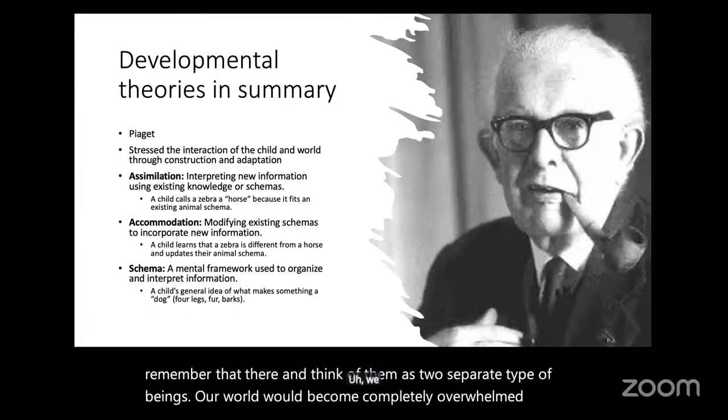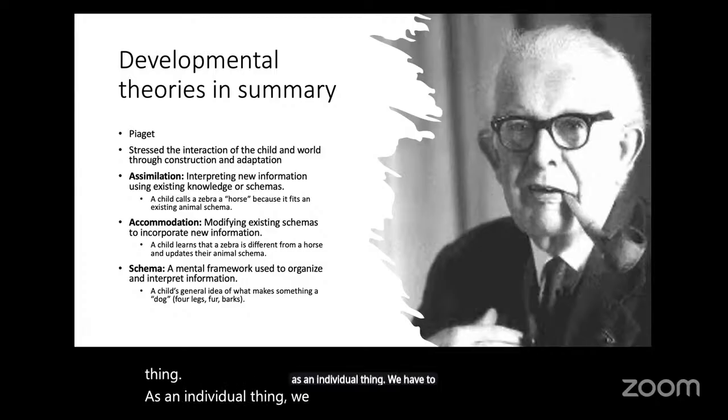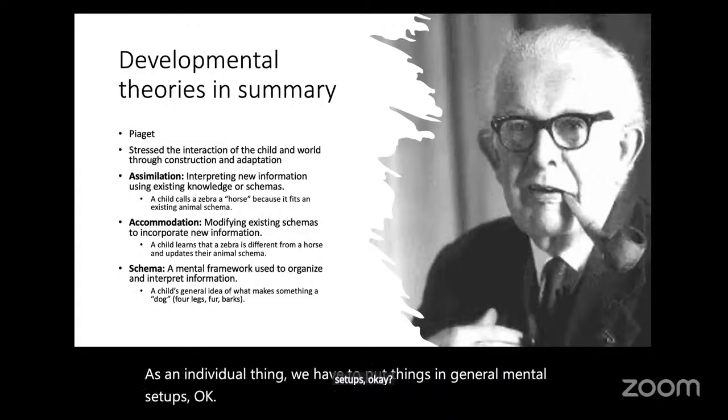We wouldn't be able to navigate our world if we saw each individual thing as an individual thing. We have to put things in general mental setups. Okay. And yes, of course, schemas can go wrong.